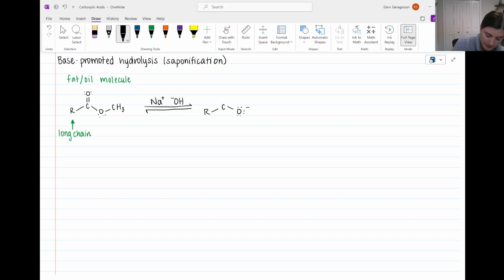So it's an ionic compound. Salt, because we have an anion, O-, and sodium as a counter ion is present as well. This is the general structure of soap molecules.